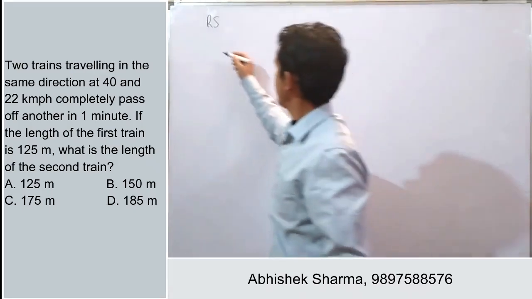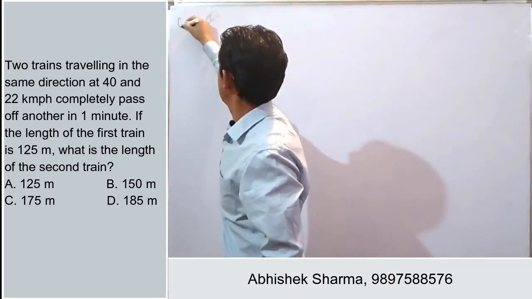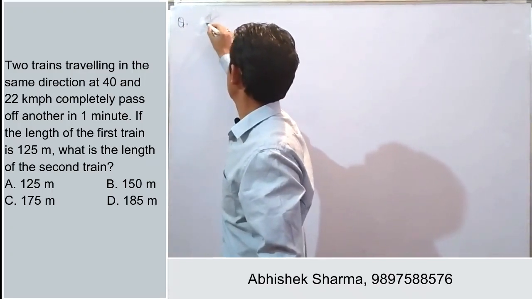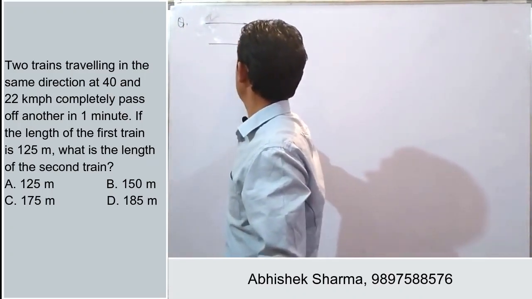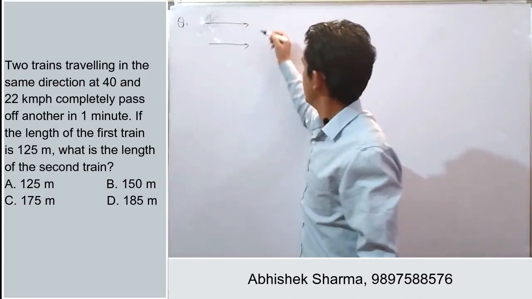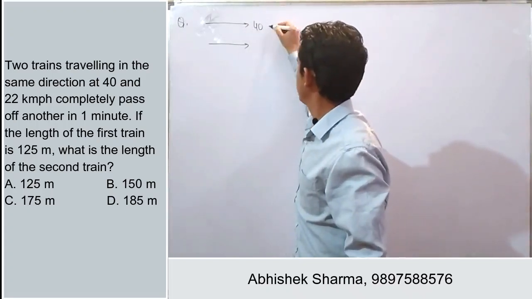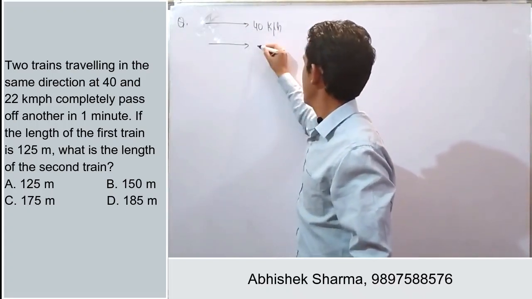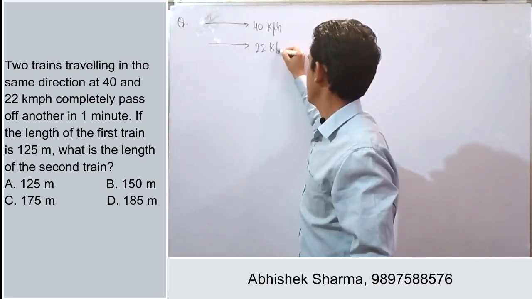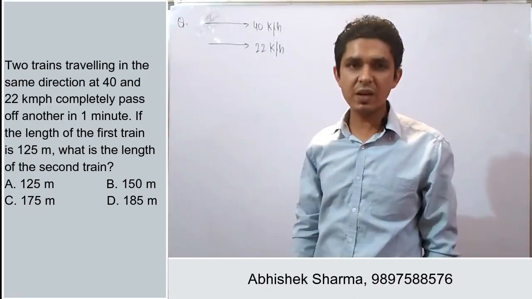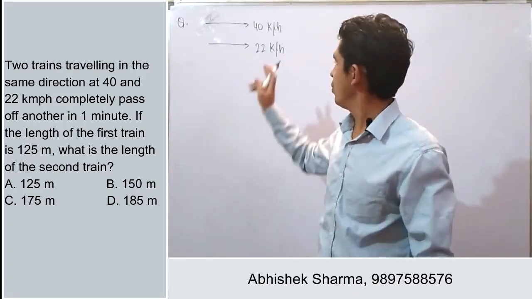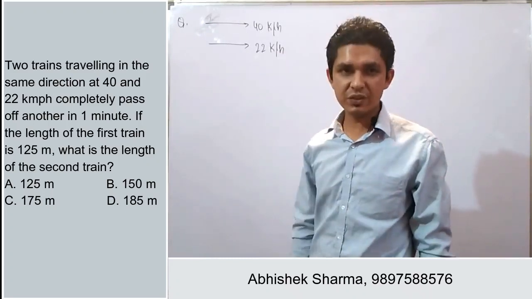Okay, so let us suppose train 1 is this and train 2 is this. The speed of the first train is 40 km per hour and the speed of the second train is 22 km per hour, right? Both the trains are traveling in the same direction.